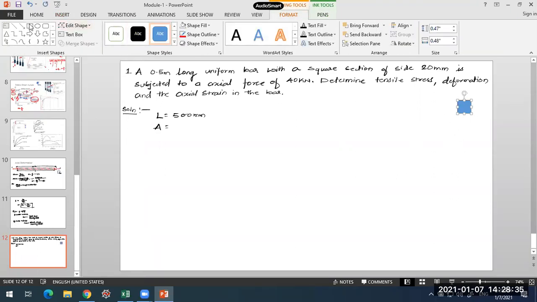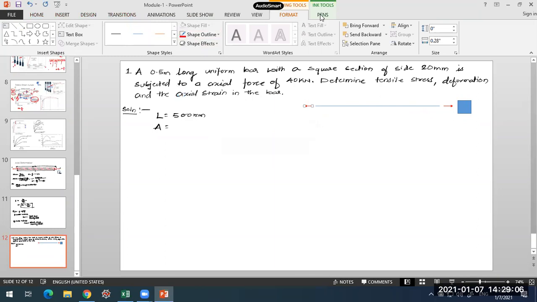That is the cross section, and this is the bar we have. It is subjected to an axial force of 40 kilonewton, which acts on the two ends of this bar.